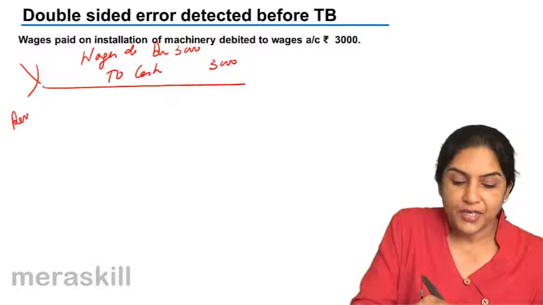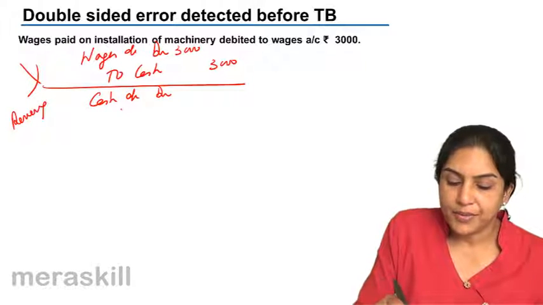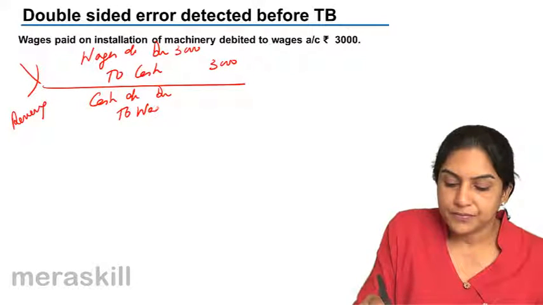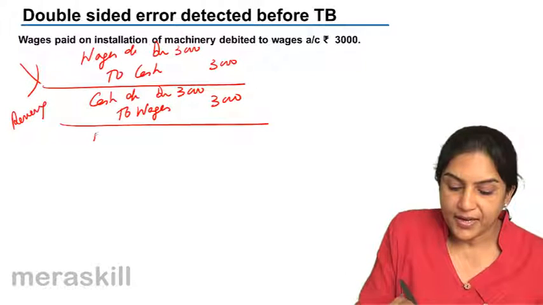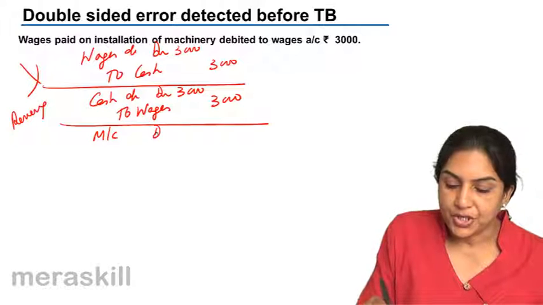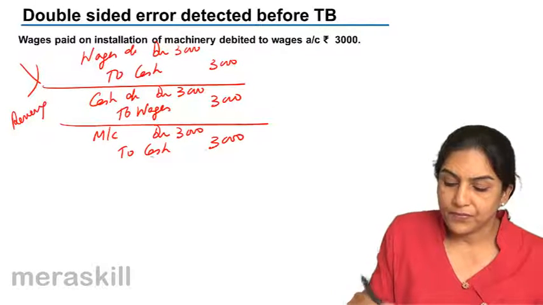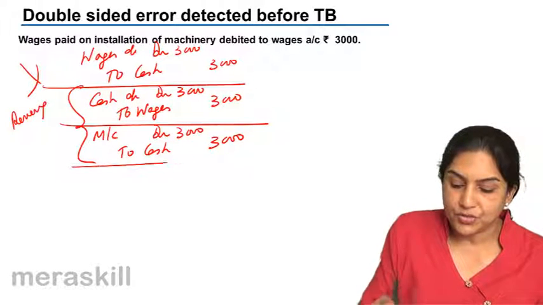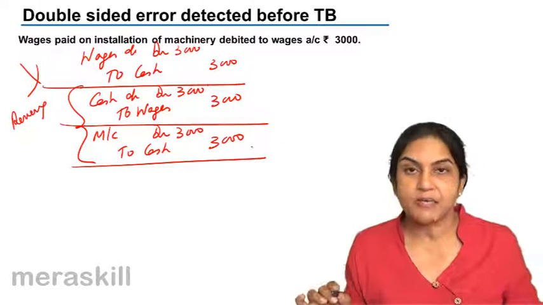Reversing, what do we get? If we reverse the above entry, we simply get cash account debit to wages 3000. And what should have been our entry? It should have been machinery account debit to cash 3000. If you combine these two, cash account is debited, cash account is credited by the same amount.